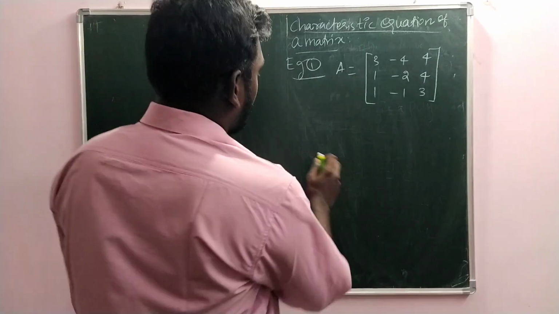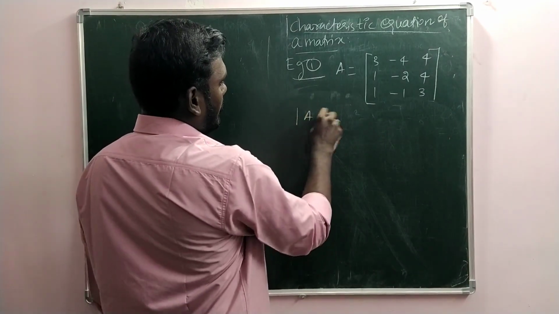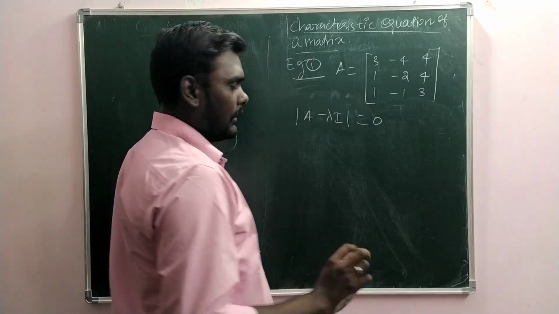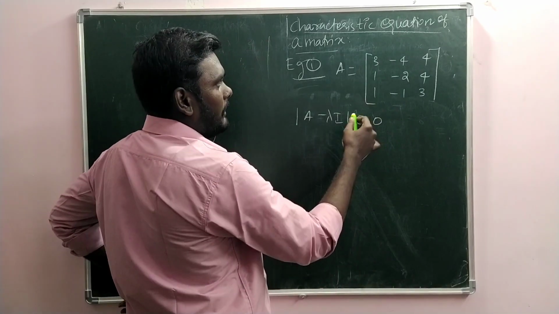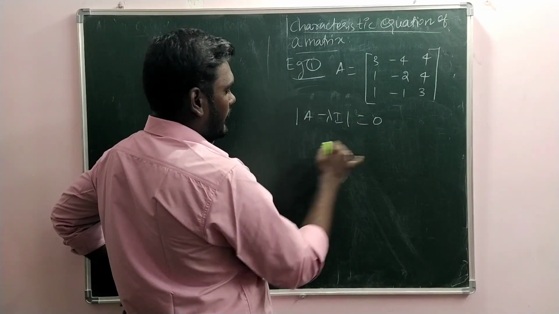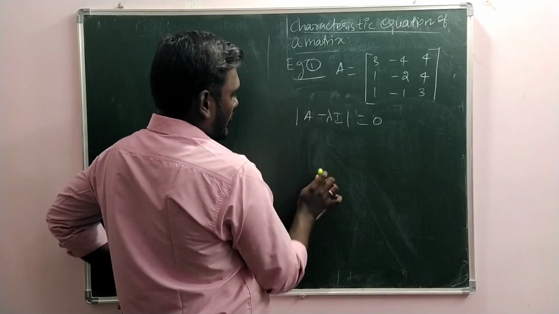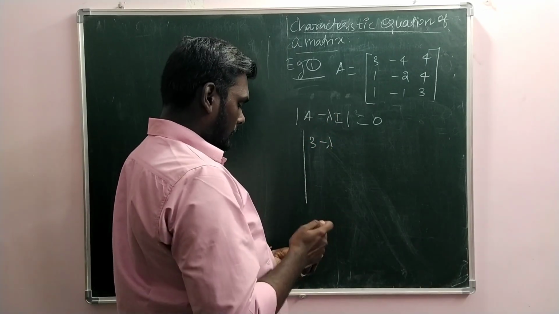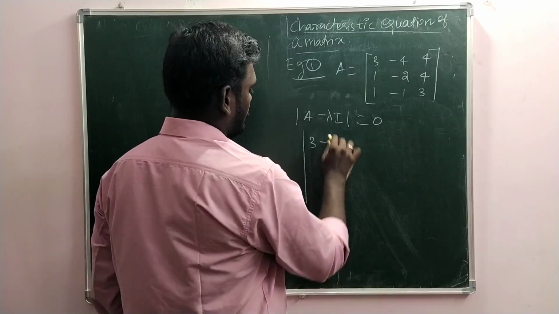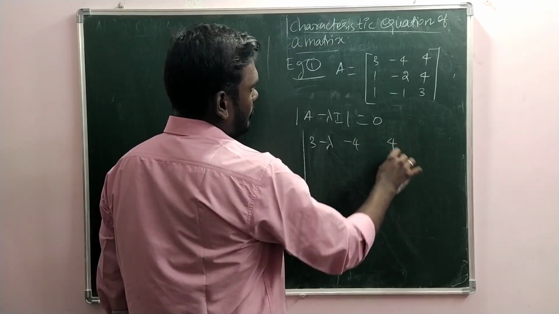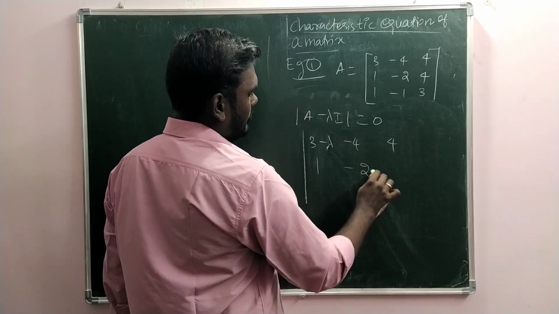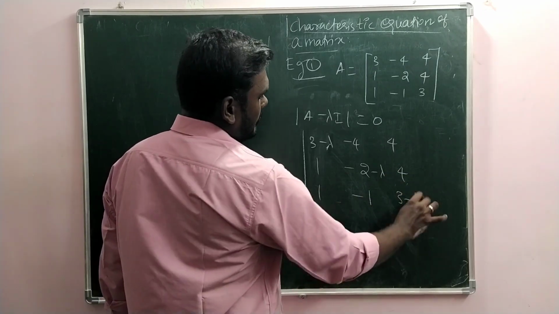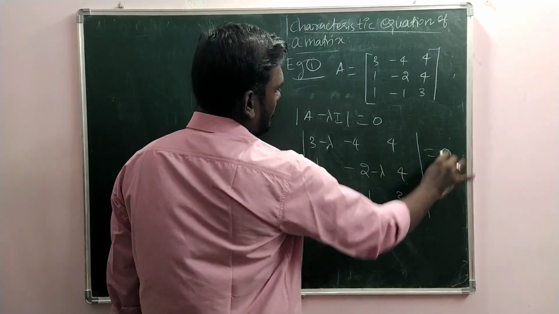So here this characteristic equation, see, A minus lambda I is equal to 0 is the characteristic equation. Alright, so in this, we will expand and write the determinant of 3 minus lambda, minus 4, 4; 1, minus 2 minus lambda, 4; 1, minus 1, 3 minus lambda equals 0, right?